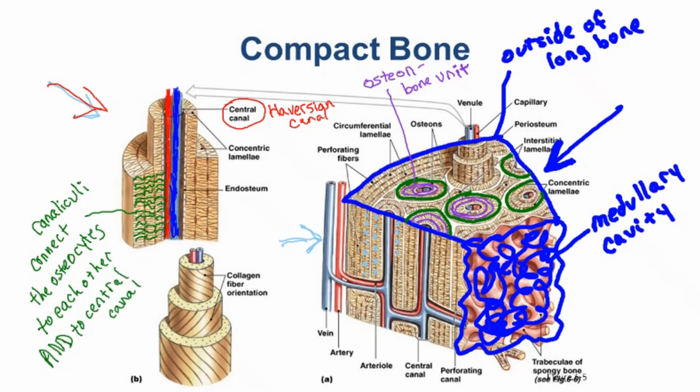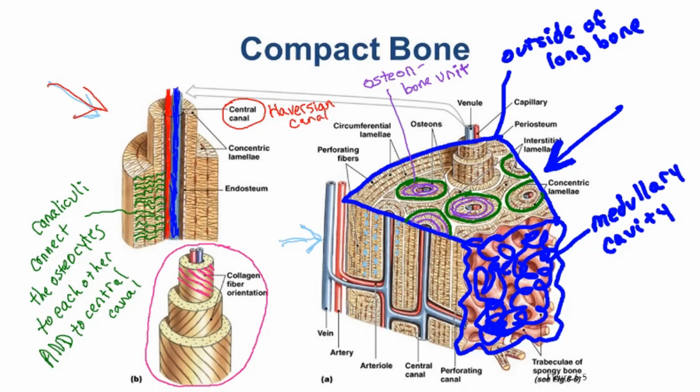Also, if you want to look at the drawing right down here, this is similar to the drawing that I just did. This is an osteon, but the layers are pulled out so you can see inside. Now, do you see the collagen fibers in a diagonal direction? These collagen fibers that make up the lamellae?